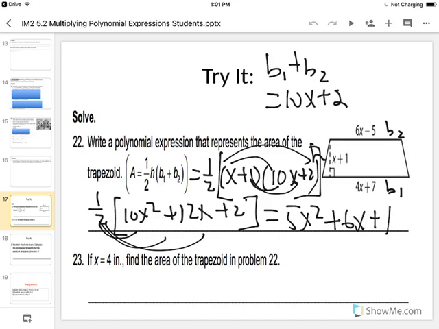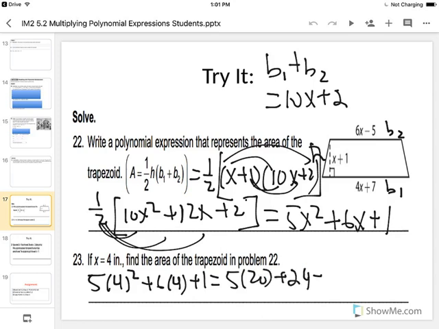Okay, and then for number 23, if x is 4, find the area of the trapezoid from number 22. So this gives us 5 times 4 squared plus 6 times 4 plus 1. So 5 times 20 plus 24 plus 1, so 100 plus 25, then it will be 125 inches squared.